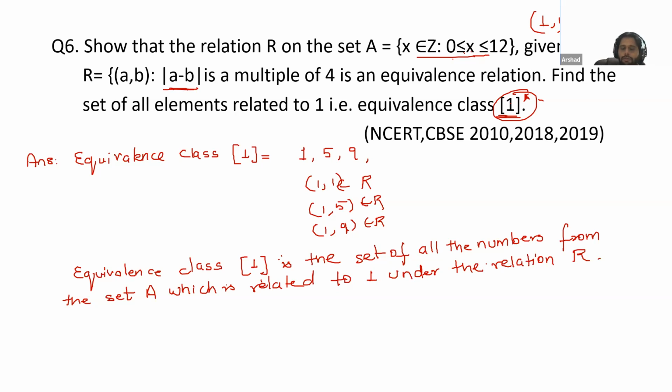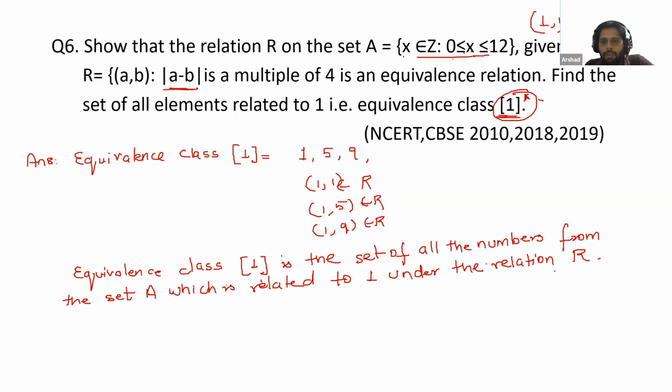So equivalence class 1 is a set of all the numbers from the set A which is related to 1 under the relation R. So that means if we need to find the equivalence class of 1, then we need to select all the numbers from the set A which are related to 1 under the relation R.